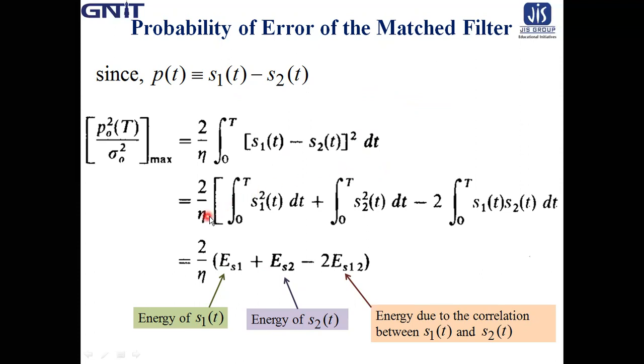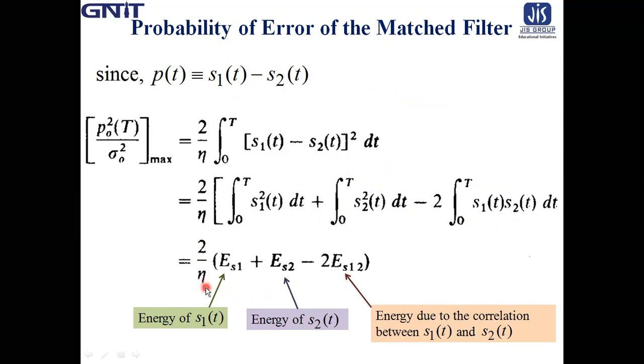So 2 by eta, just integration of (a minus b) whole square. So integral 0 to T, first term s1 square t dt, second term integral 0 to T s2 square t dt, minus 2 integral 0 to T s1(t) s2(t) dt.